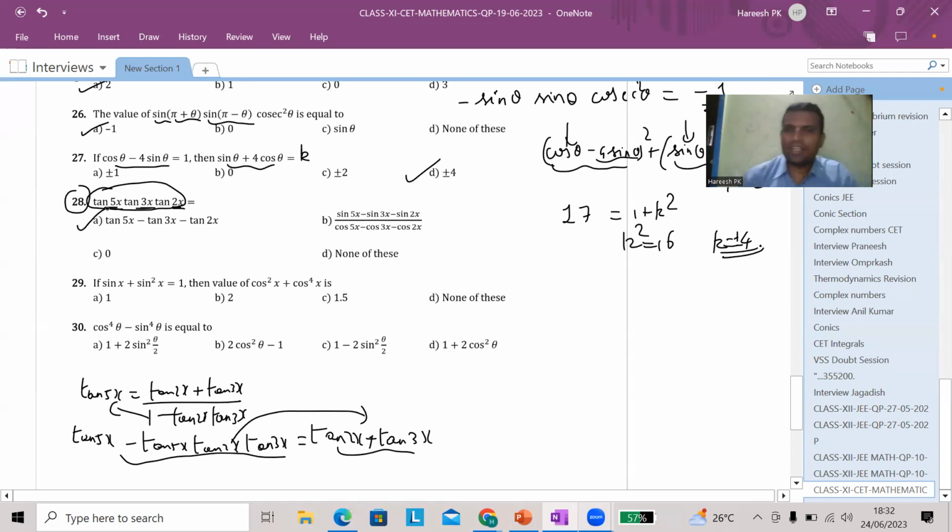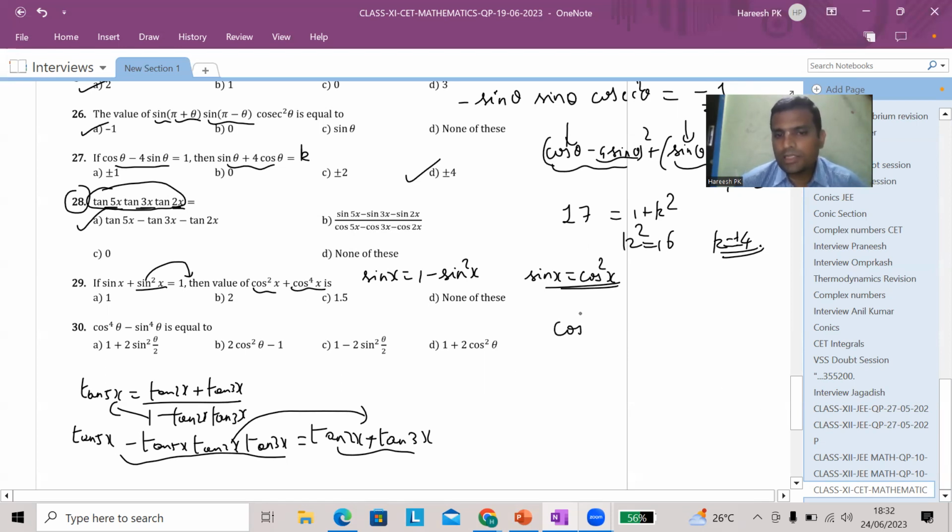29th, it's a little tricky one, but easy one also. I will transfer this here. So I'll get sine x is 1 minus sine square x. And 1 minus sine square x means it is cos square x. So keep this in mind. Now they're asking value of cos square and cos power 4x.